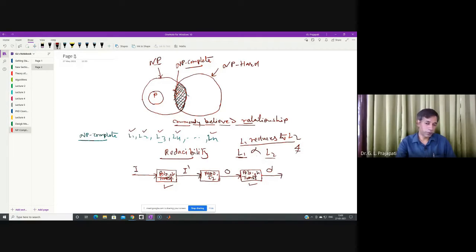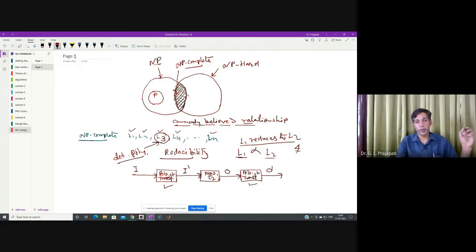If you can solve any one NP complete problem, say L3, in deterministic polynomial time, this means all NP complete problems can also be solved in deterministic polynomial time with the help of this kind of reducibility.